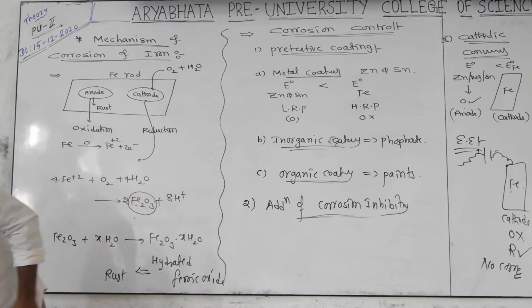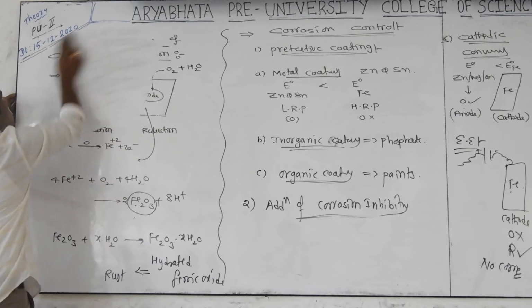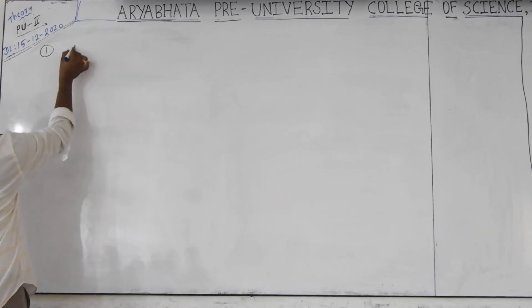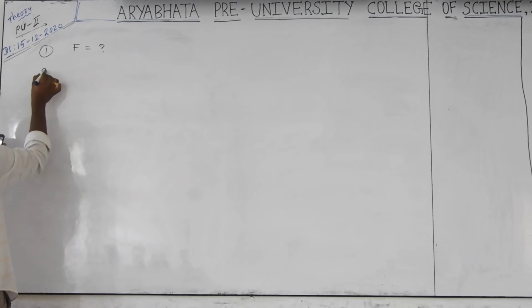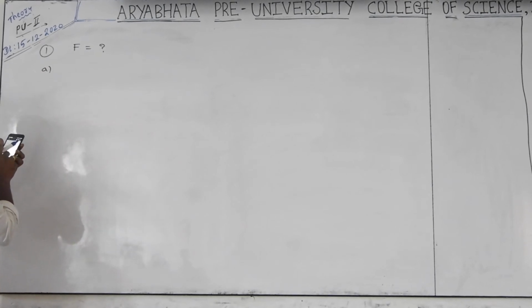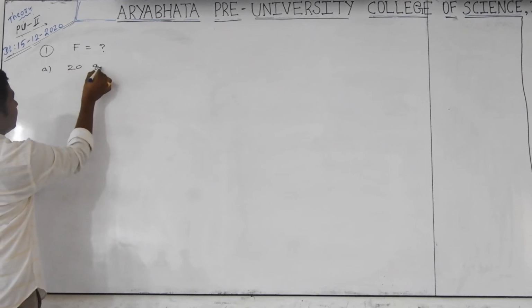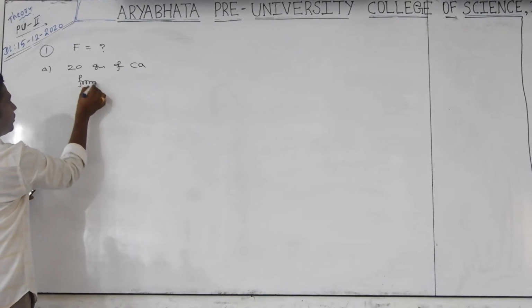Now I will explain some problems for you. See, he wants to know how much electricity is required in Faradays. How many Faradays of current are required for the first question, to get 20 grams of calcium from calcium chloride?